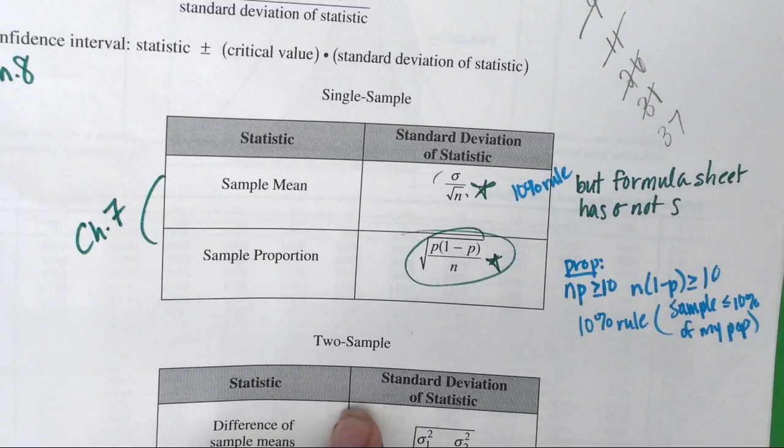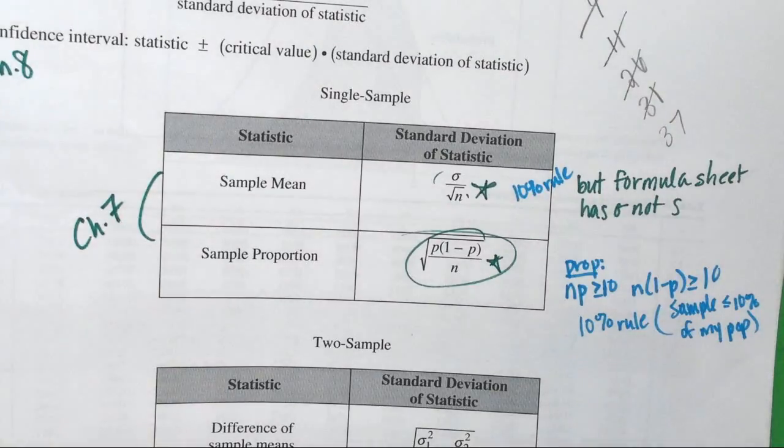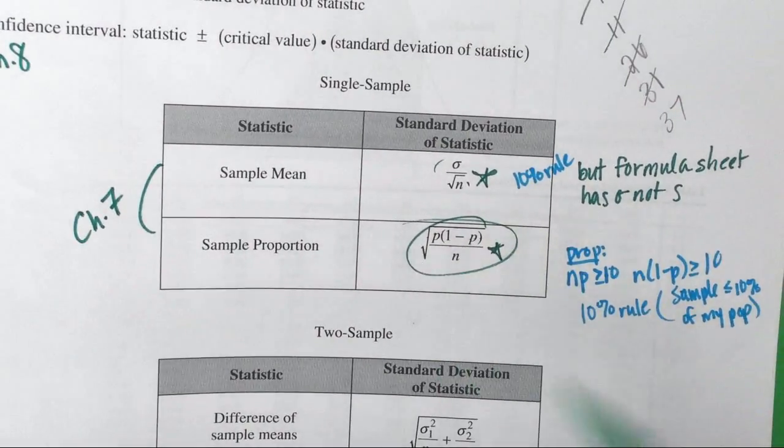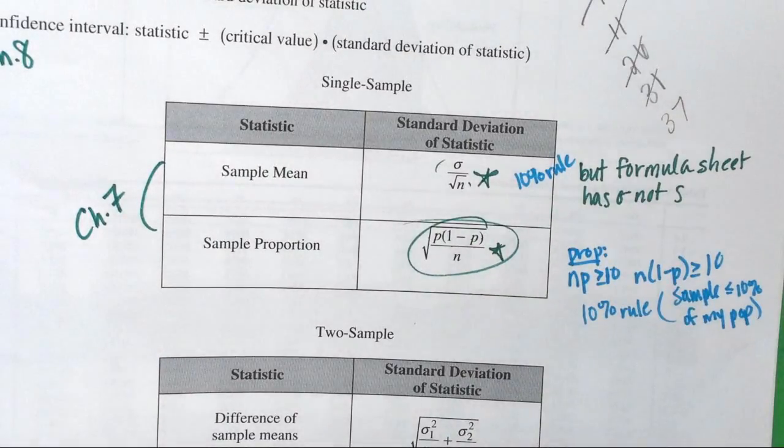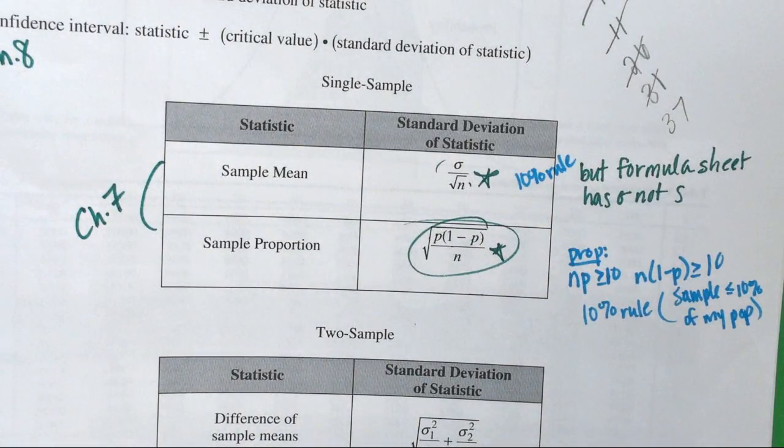They don't make you specify because most people seem to get that confused. So that's the good news. It's just that maybe we might need to use P hats instead of P's because we might not know about our population, but we do know the proportions from our samples.